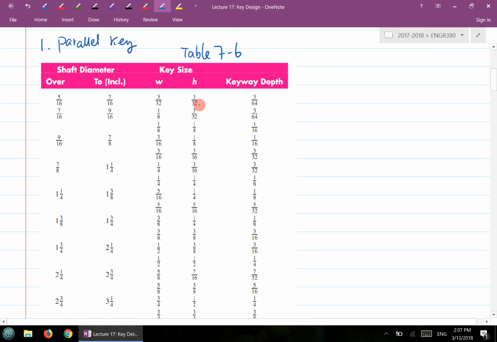Now, if you look at, for example, the second row right here, if the shaft size is between 7/16 and 9/16, you can pick a key with W equal to 1/8 and H equal to 3/32, or you can pick W to be 1/8 and H to be 1/8. So there are two choices here.